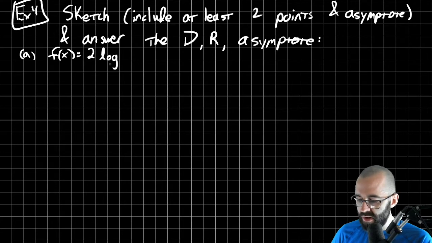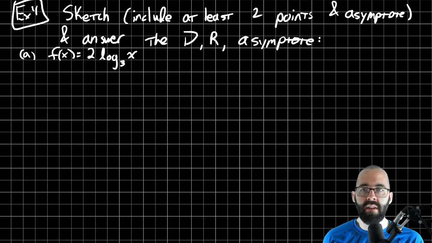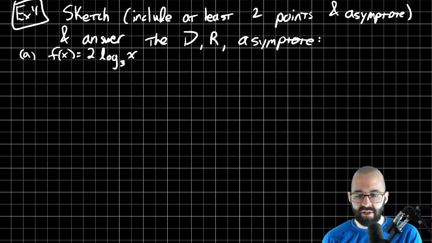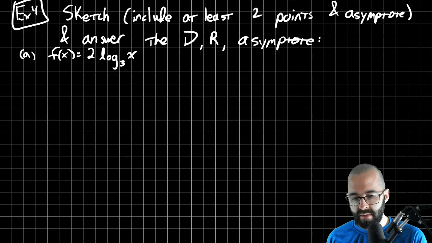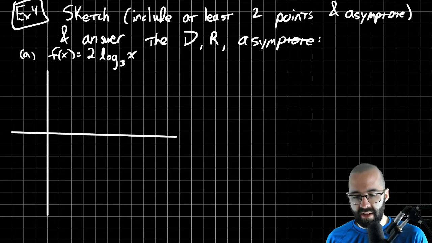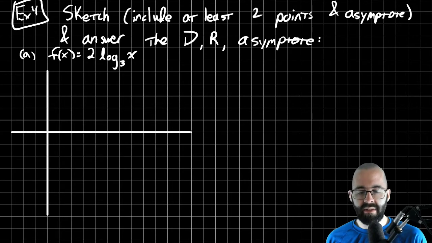What is 2 times the log base 3 of x? This is just our standard logarithmic function with a vertical stretch of 2. It should be stretched out a little vertically. So when I'm making my axes here, notice that I'm not letting x be very negative.